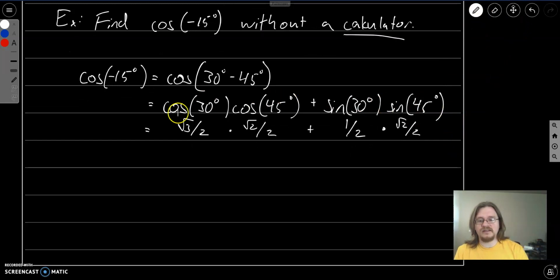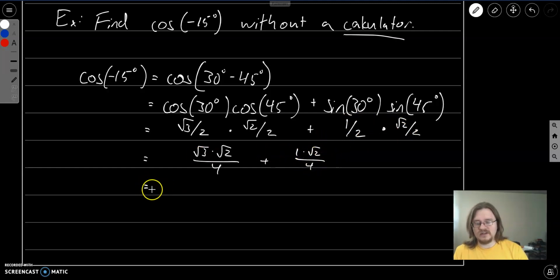Okay, and then now all we have to do is multiply this up and see what we get. So root 3 over 2 times root 2 over 2. So we'll have root 3 times root 2 over 4 plus, and then over here we have 1 times root 2 over 4.